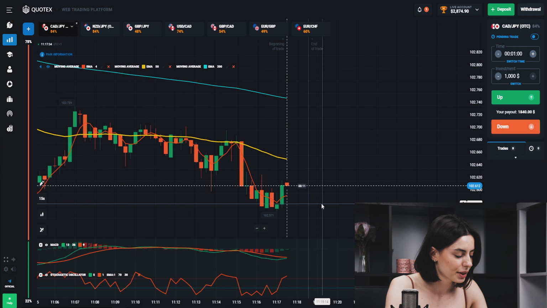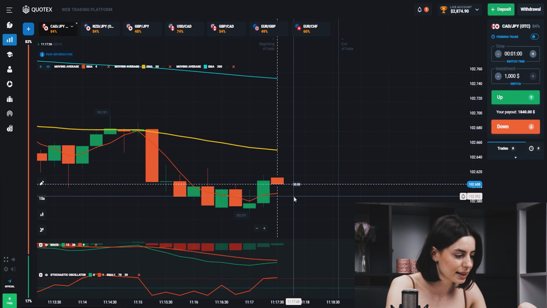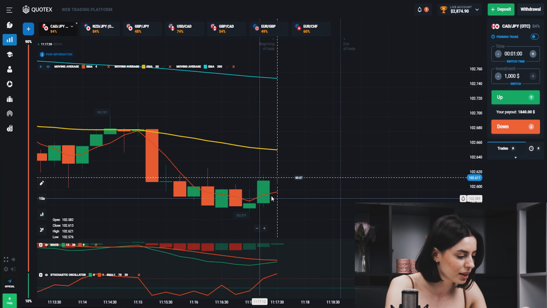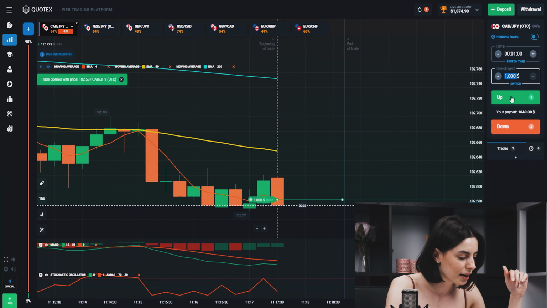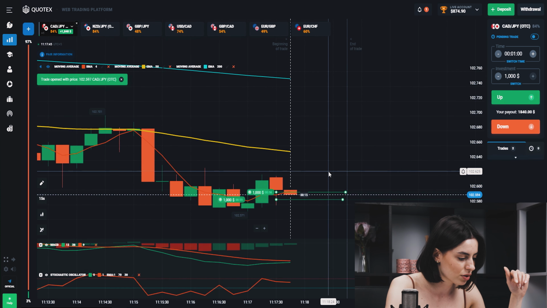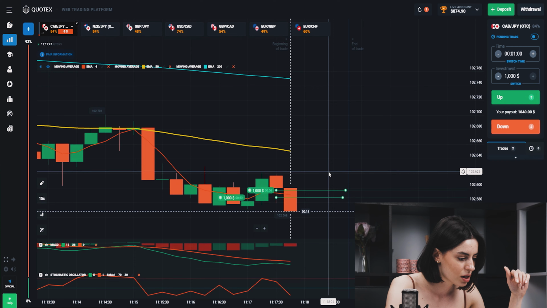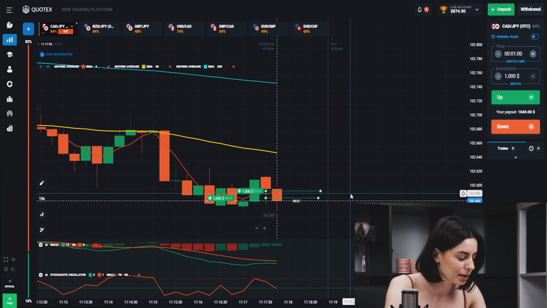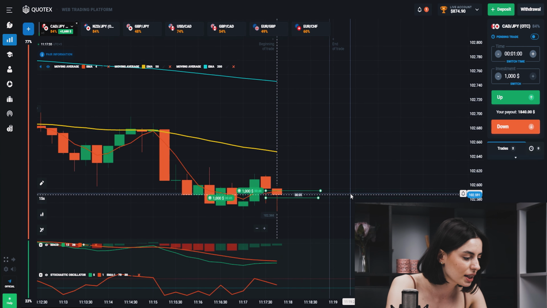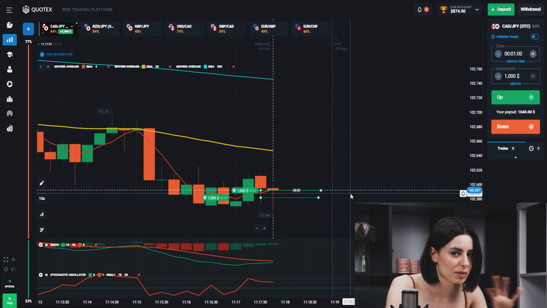So here with the chart, it is looking like we are trying to go back to our yellow line, and there's no crossing of the MACD and the whole chart. But here I made this bet because I am actually checking all of that, and sometimes I'm too fast.